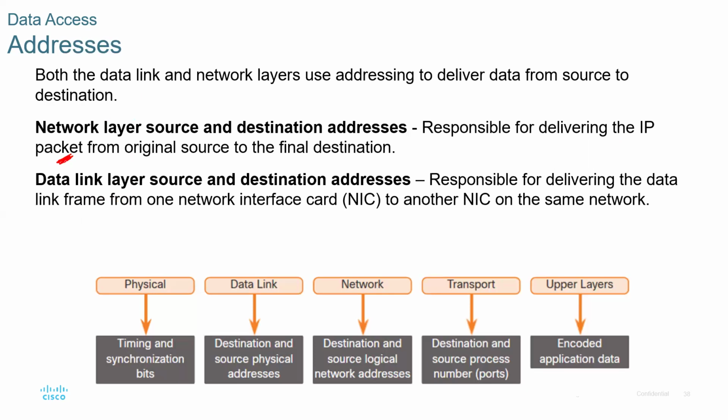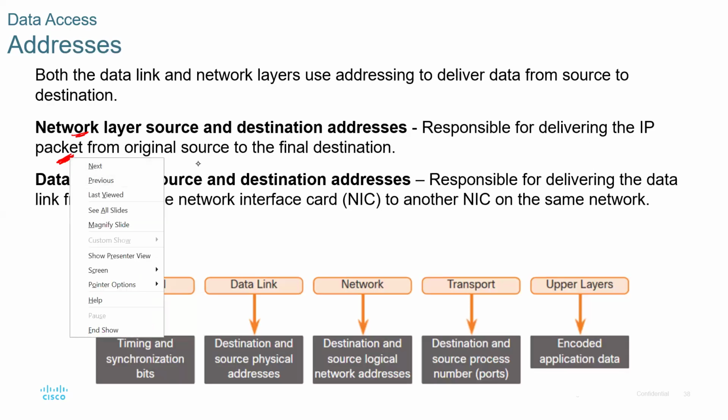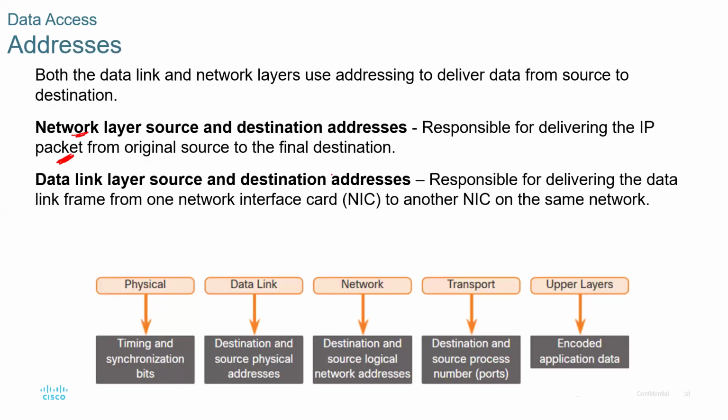Start noticing the PDU: network layer, layer 3, packet. Data link layer source and destination addresses are responsible for delivering the data link frame. Start noticing these words, they are very important going forward. They are responsible for delivering my data frames from one network interface card to another network interface card.